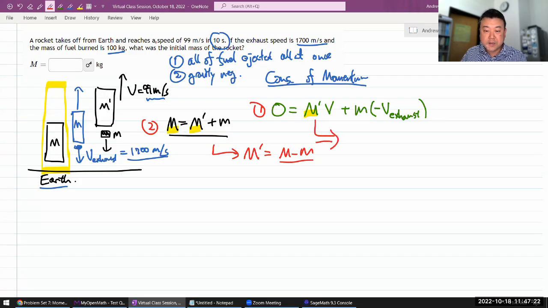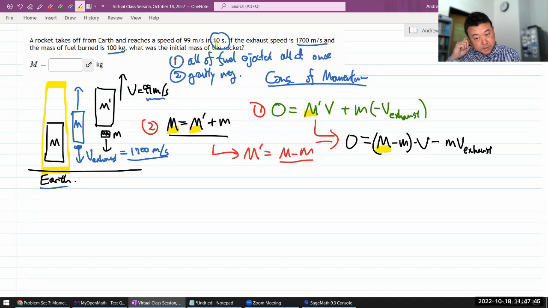So plugging that in, I get 0 is equal to that combination of masses times V, plus, or let me just pull out the minus sign so I don't confuse myself, minus small m v exhaust. I think I can solve for this big M. Let me do that algebra in my head.